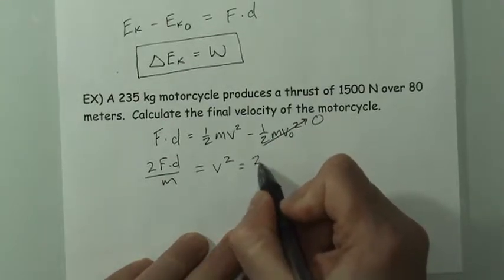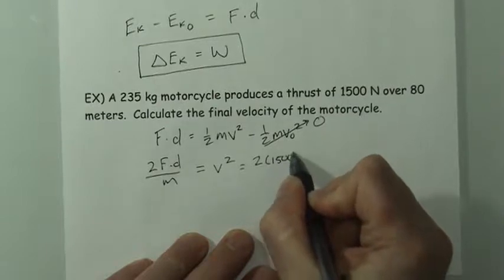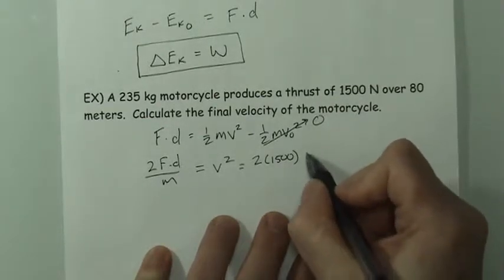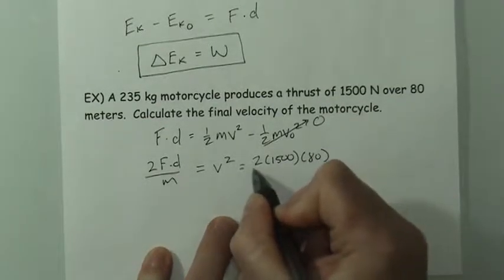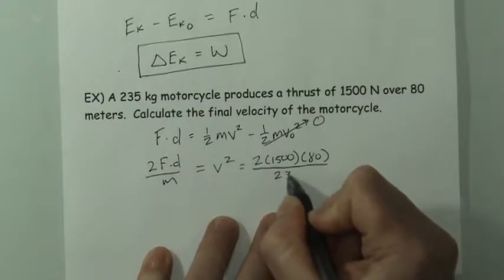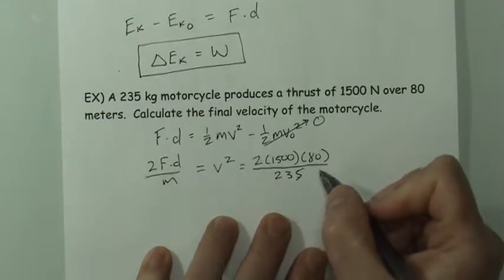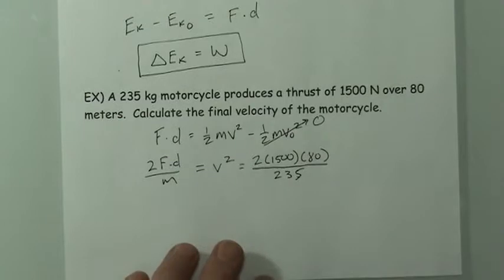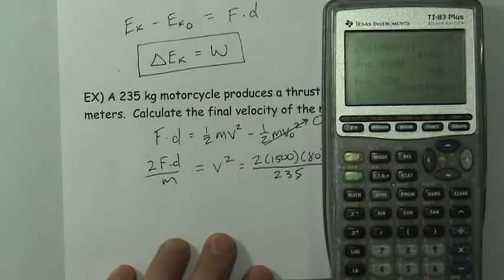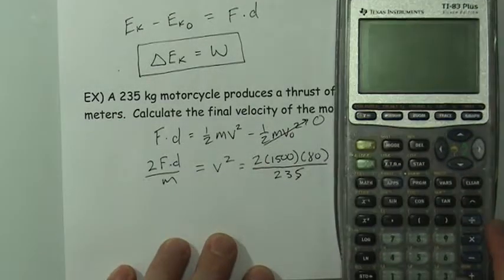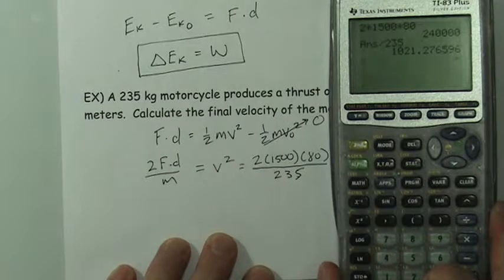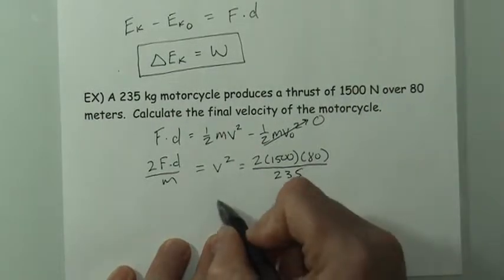In this case, that's 2 times 1500 times 80, all divided by the mass, which was 235. If you put that into the calculator, 2 times 1500 times 80 divided by 235 gives us 1021.27.